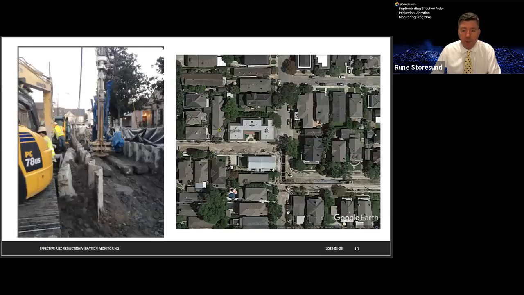So here's an example of work being performed in a very dense urban environment. There's residential homes surrounding pretty much all of the work, and the access to the work areas is highly constrained. In addition, much of the residential access is going to be interrupted or totally eliminated during much of the work, which will enhance the sensitivity of adjacent residents to those construction activities.